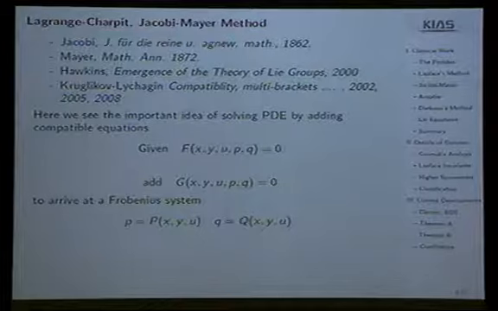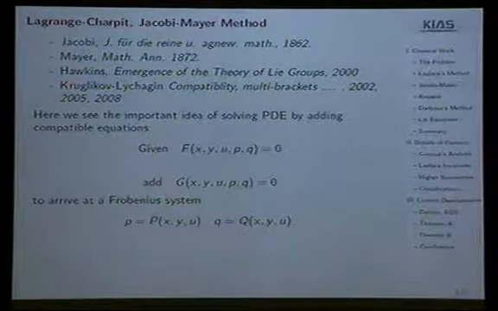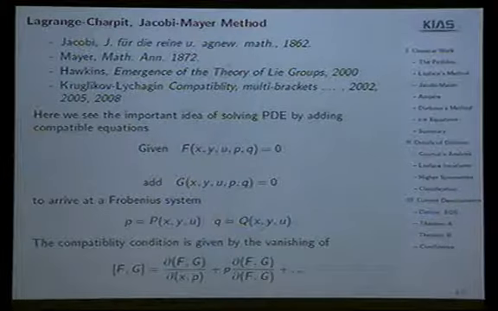So the question is, given a first-order PDE, can you always find another first-order PDE compatible with the given one? And if you can, then you can integrate this Frobenius system to get a solution to this PDE. So by adding this second equation, you reduce the problem to a Frobenius system, which is an ODE, and that's what you're going to try and integrate. Okay? The compatibility condition is easy to work out.